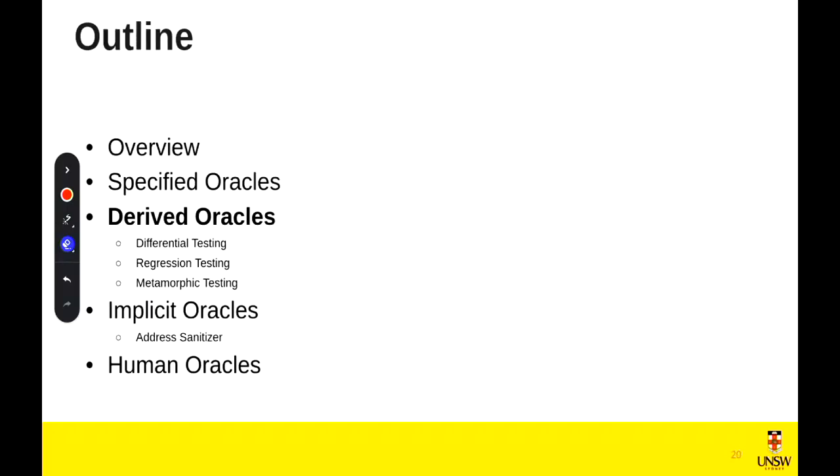So that's all about specified oracles, and they are mostly done manually. And we want to automate things, so we care more about the derived oracles, which could be derived automatically from the program.